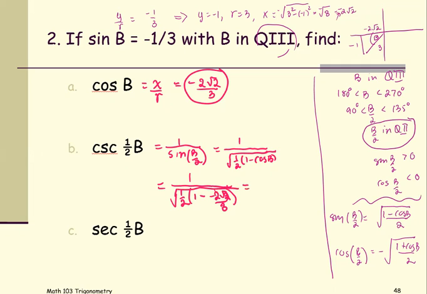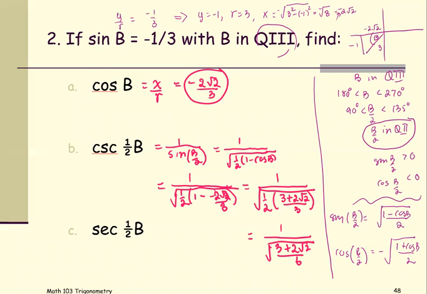Simplify to be 1 over square root of 1/2 times the quantity 3 plus 2 square root 2 divided by 3. Simplify further, we get 1 divided by the square root of the quantity 3 plus 2 square root 2 divided by 6.